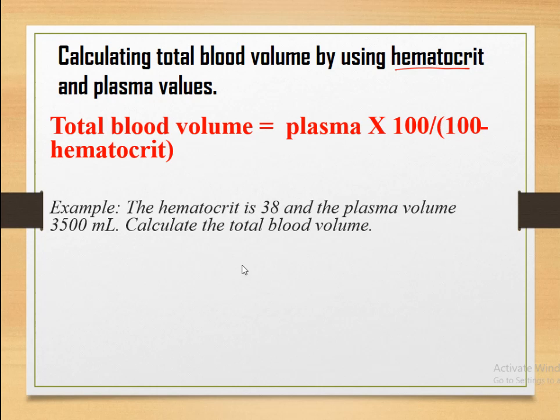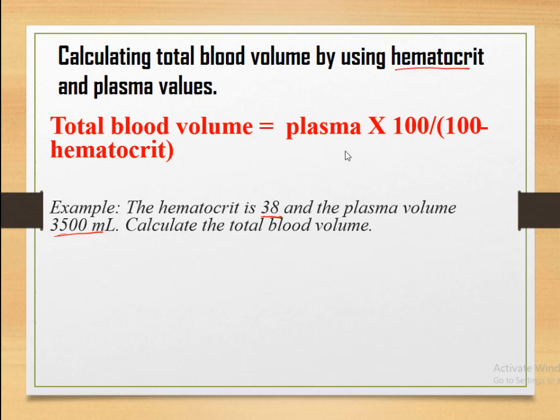The hematocrit is 38, meaning the amount of red blood cells is 38, and the plasma volume is 3,500 mils. Calculate the total blood volume.